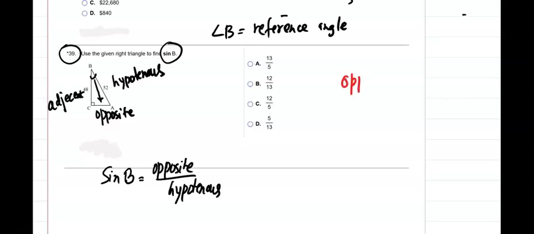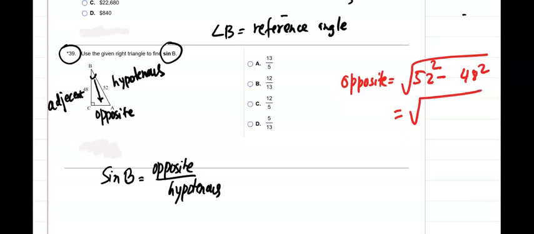Opposite equals the square root of hypotenuse squared minus adjacent squared, 48 squared. So you square 52, minus 48 squared, and find the square root. 52 squared is 2704, 48 squared is 2304, and you subtract to get 400. The square root is 20. So the opposite is 20.